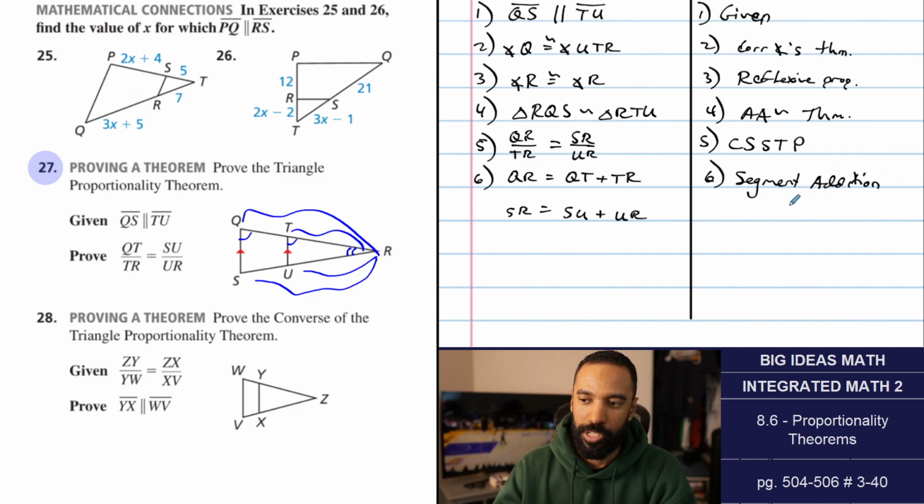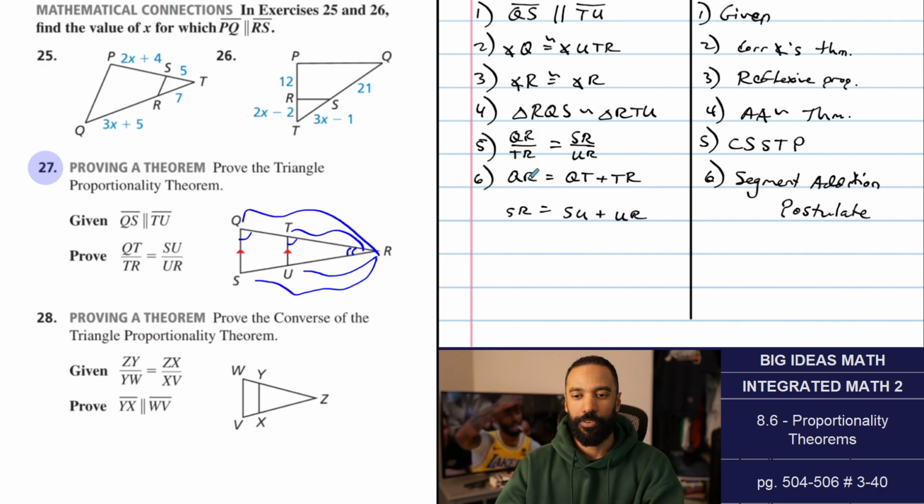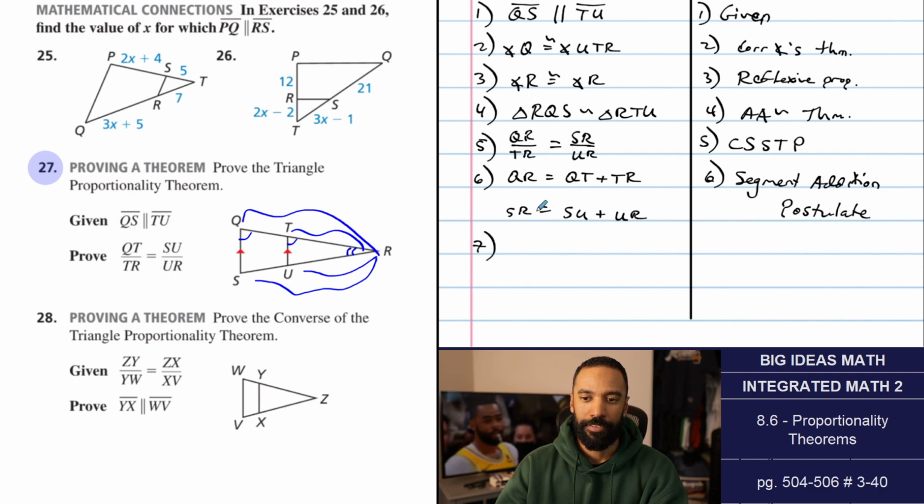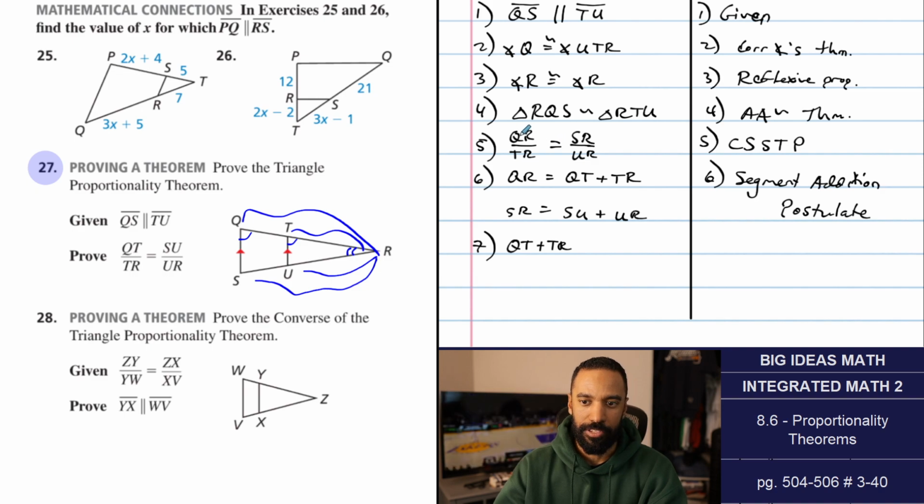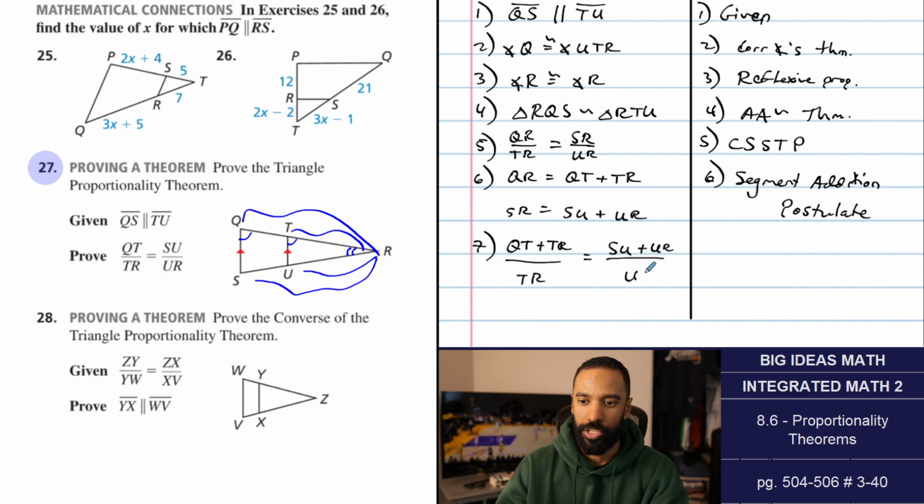And then let's substitute for QR and for SR. For QR I have QT plus TR over TR equals, and for SR I have SU plus UR over UR. So that's the substitution property of equality. I'll just write substitution.